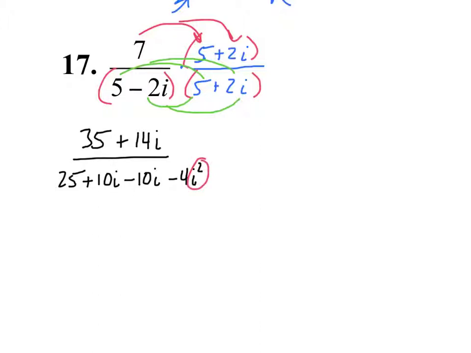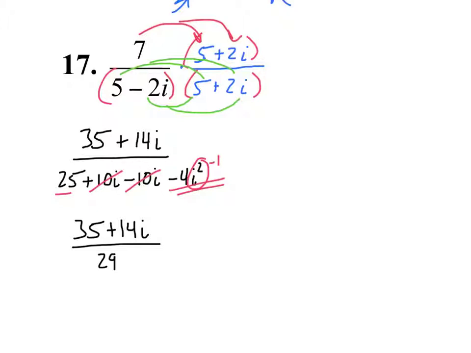i squared is negative 1. So really we have what back there? Plus 4, right? So on top we have 35 plus 14i over 25 plus 4 is 29, and plus 10i minus 10i cancel away.